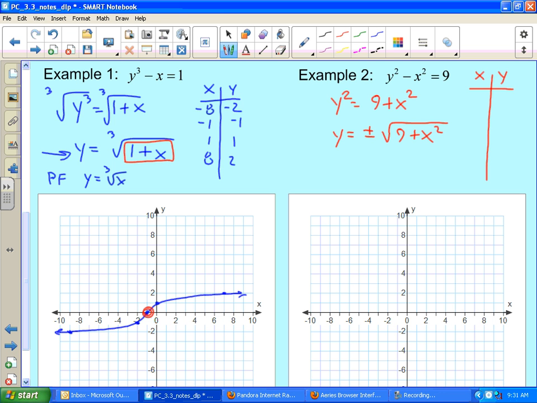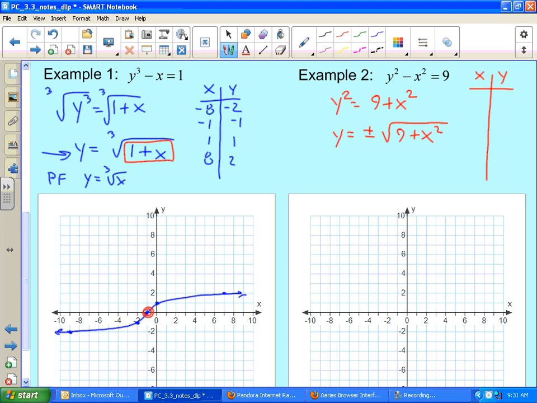I can't just make it 3 plus x because 9 is not a factor. 9 is closest to the x squared. So anyway, I can't have a negative underneath here. So 9 plus x squared can never be negative.